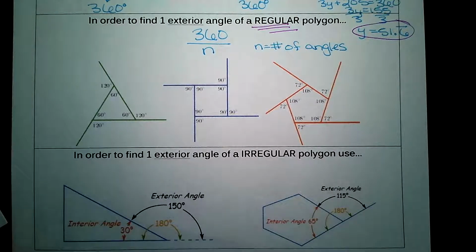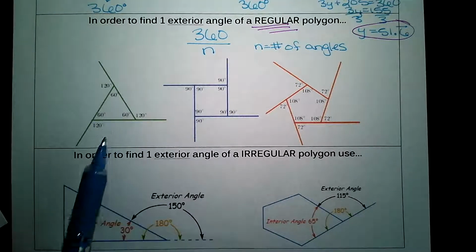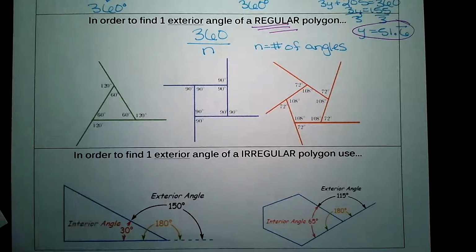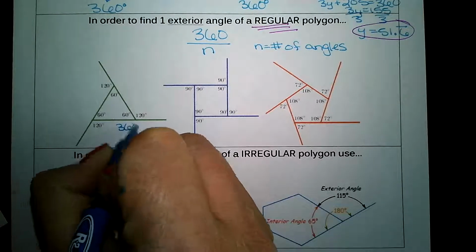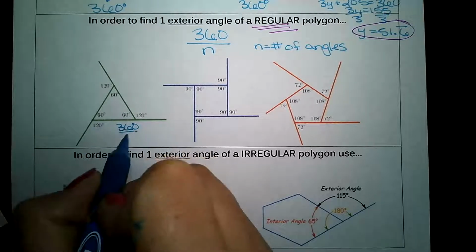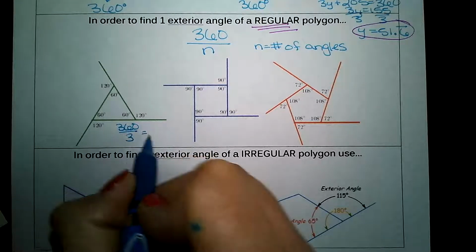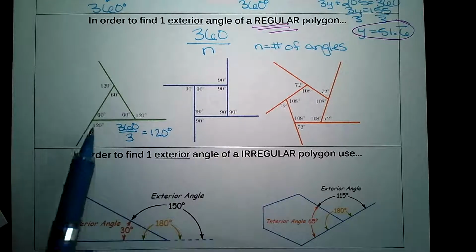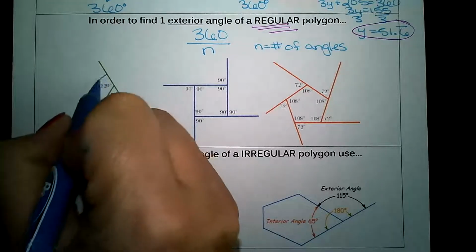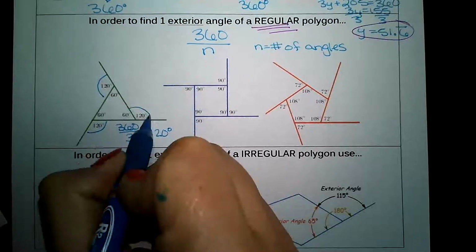Okay, so let's take a look at these pictures here. I've got a triangle. If I know that the sum of exterior angles is 360 degrees, and I know that a triangle has 3 exterior angles, 360 degrees divided by 3 is 120 degrees for each angle. They're all equal to each other.